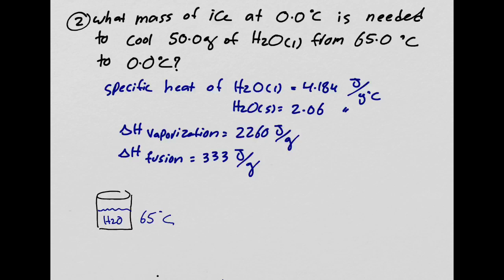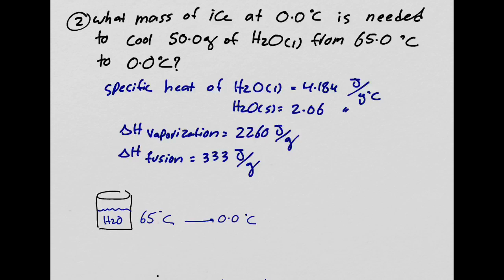We want to know exactly how much ice I need to cool my water from 65 degrees to 0 degrees Celsius so I can have nice cold water to drink. Okay, does the question make sense? So I have water here. My water is warm, 65 degrees. I don't want that.